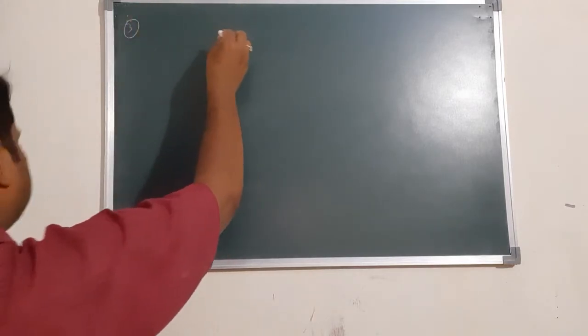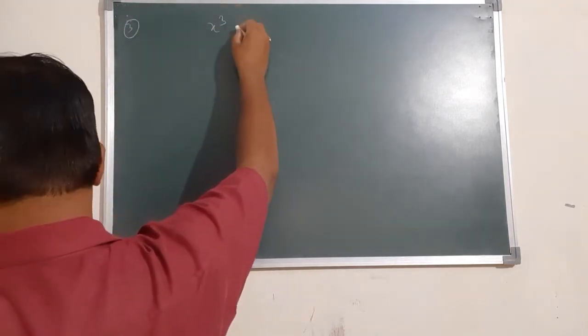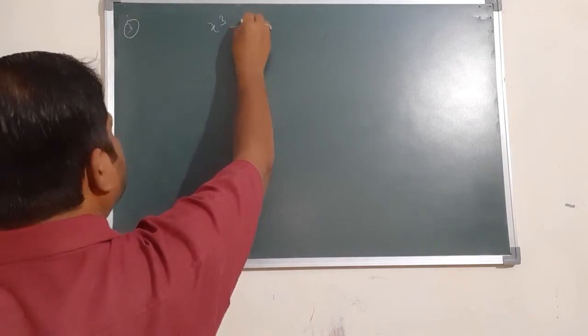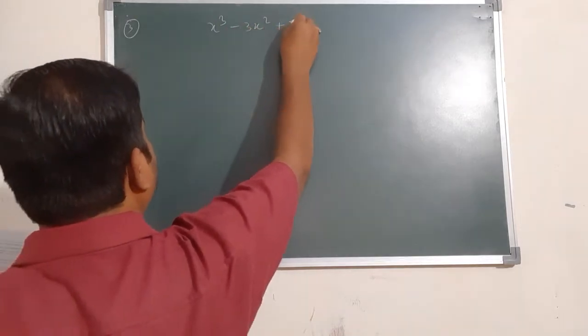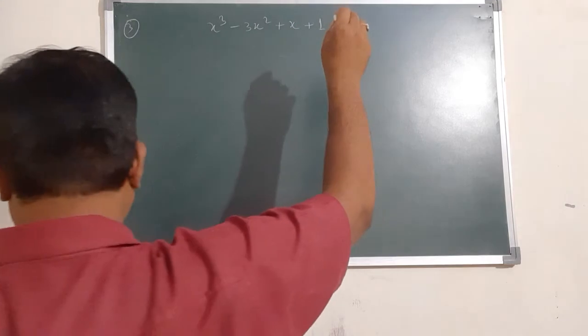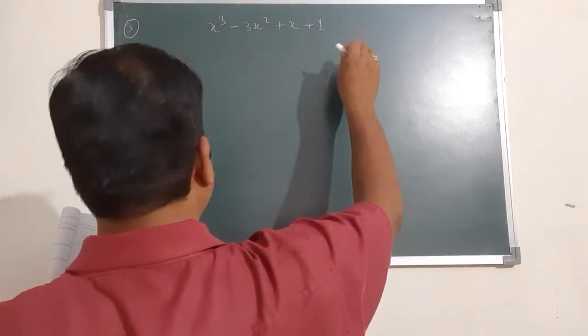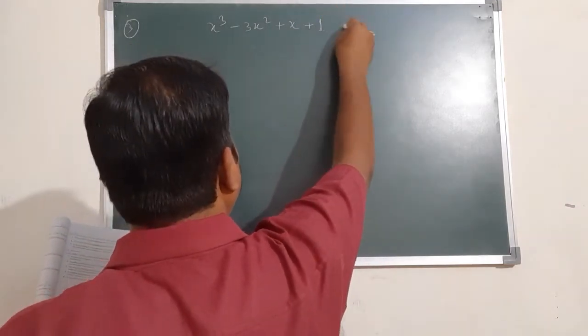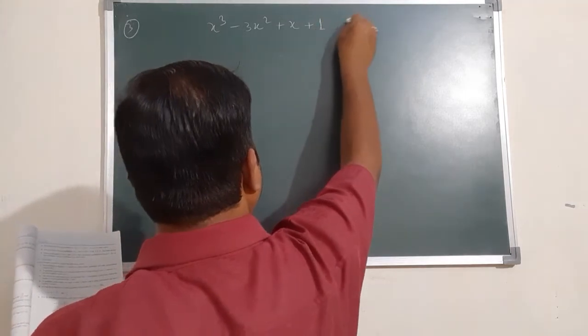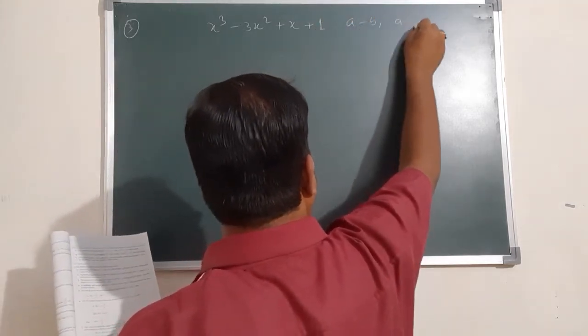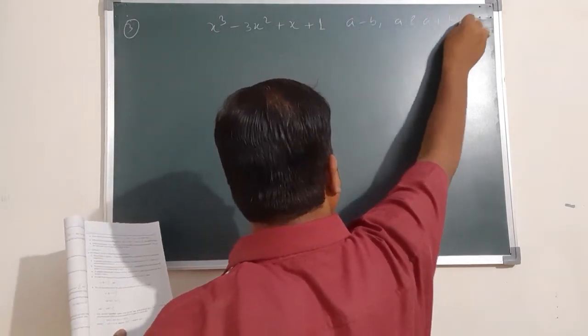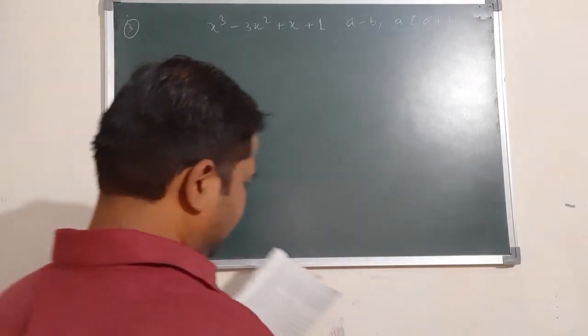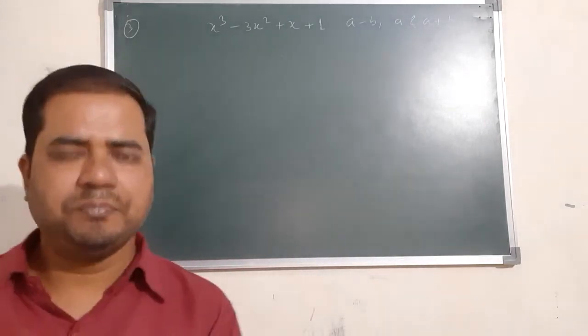If the zeros of the polynomial x cube minus 3x square plus x plus 1 are a minus b, a and a plus b, then find the values of a and b.